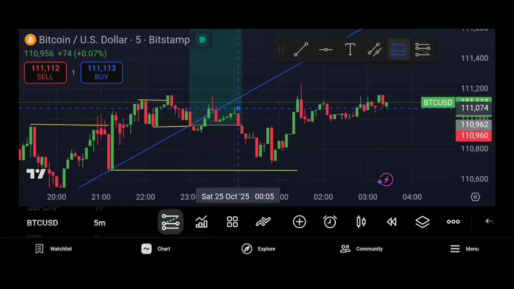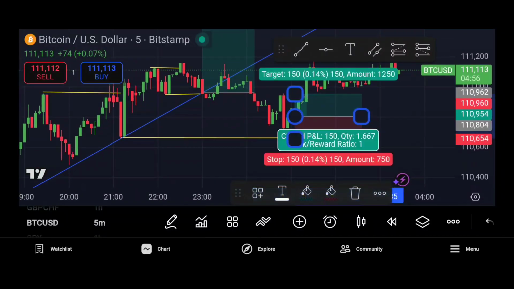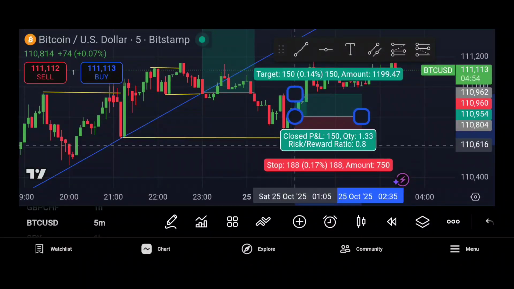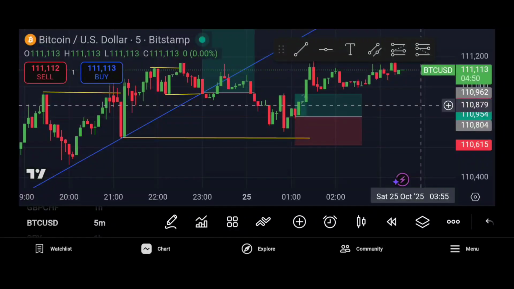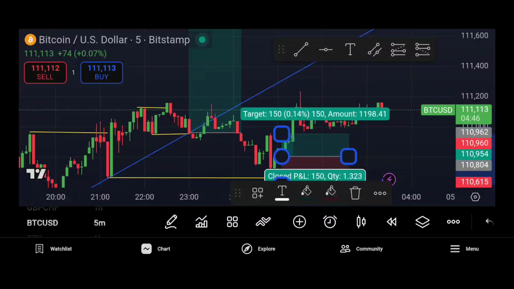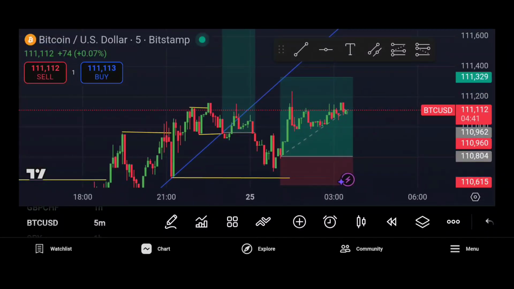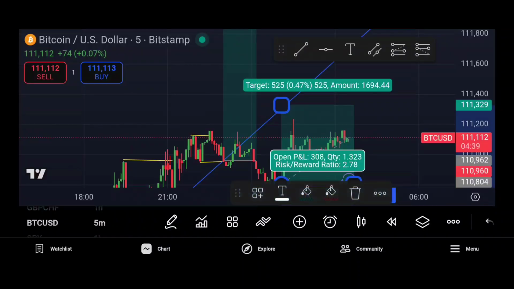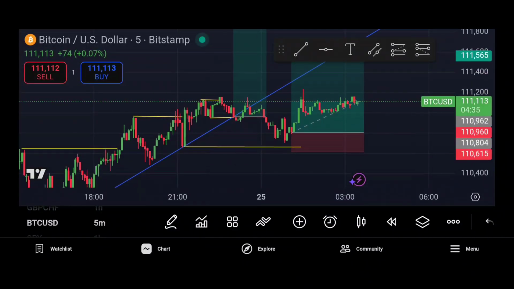The market later on came back and took me out at break even. So I was right about that, the market would reach resistance and reverse. So it's always good to take your partials at support and resistance, because you never know, the market might reverse from there and never continue in your direction.